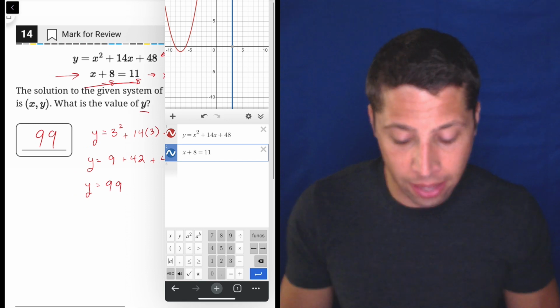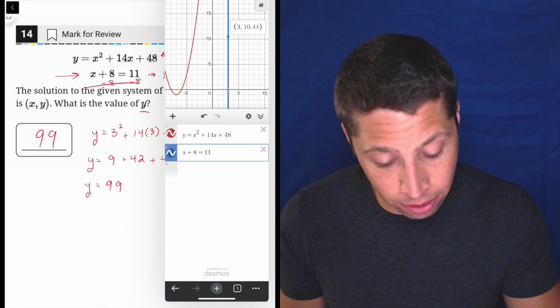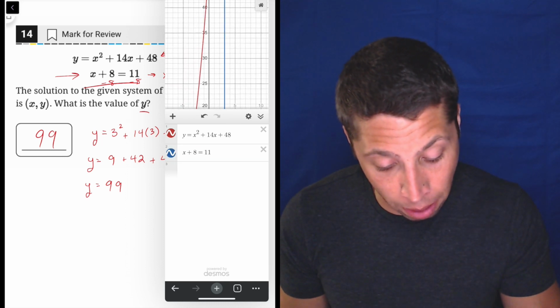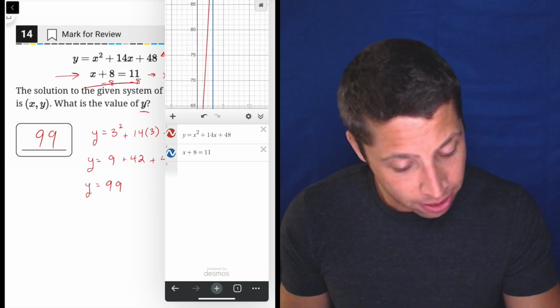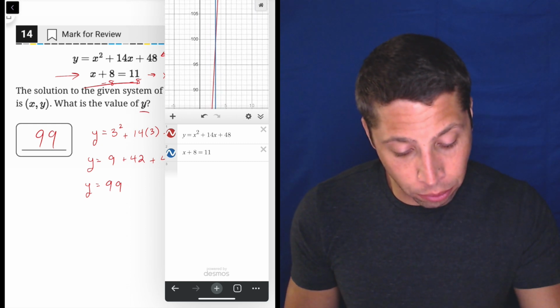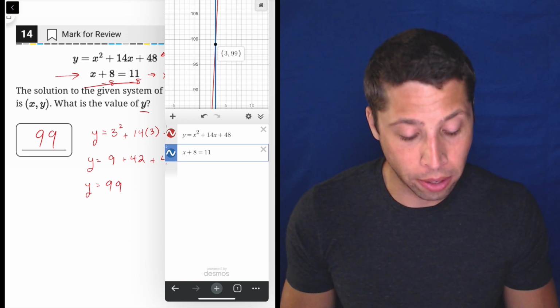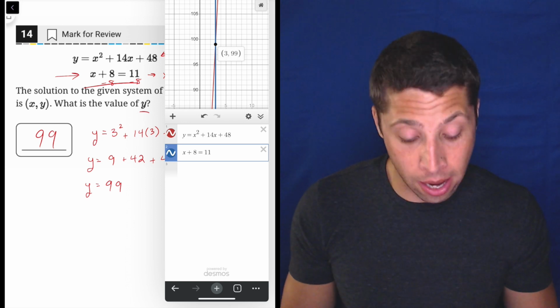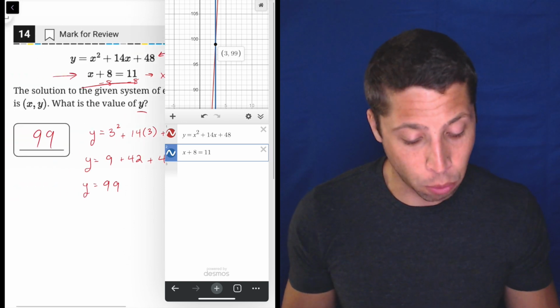That's what they mean when they say the solution to the given system. But you can see it's not on my screen. So this is why I like the iPad actually, is I can move around much more easily than on a computer. And I can see these things getting closer and closer together. And when they actually cross, you don't even have to read it. You can just tap and it's going to tell you that point. It knows that that's what you want. And so there it is, 3, 99, which 99 was our y, 3 was our x. So it is exactly what we found before.